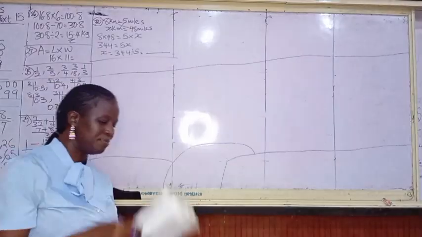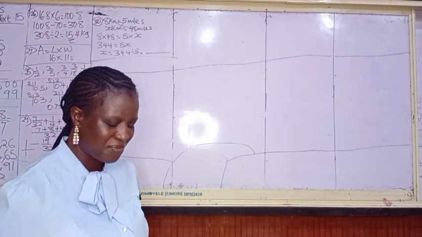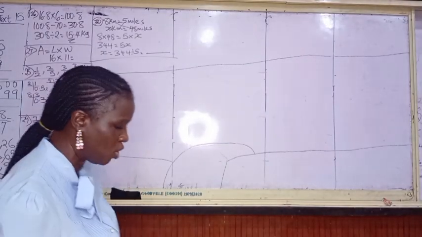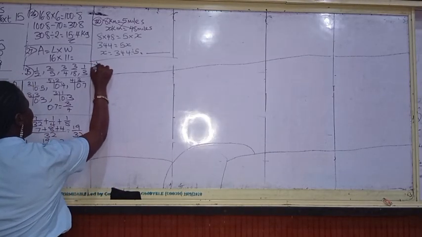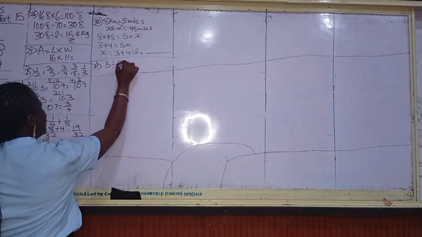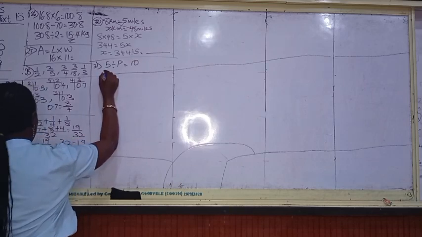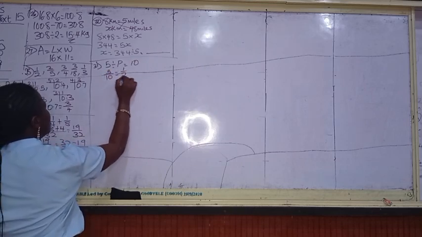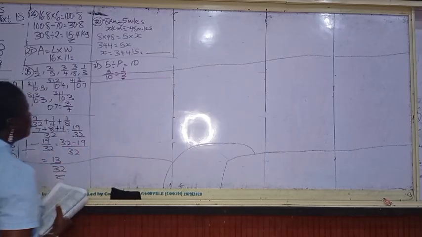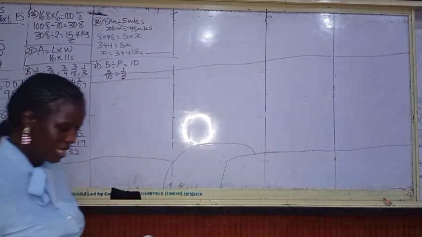Number 31. Given that 5 divided by p is equal to 10, what is the value of p? So that is going to be 5 divided by 10, which is equal to 1/2. So our p value is 1/2. Number 32.